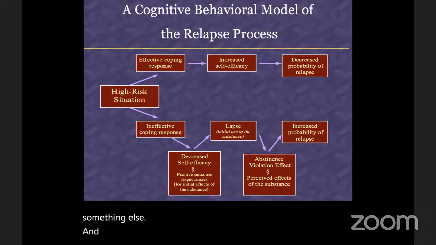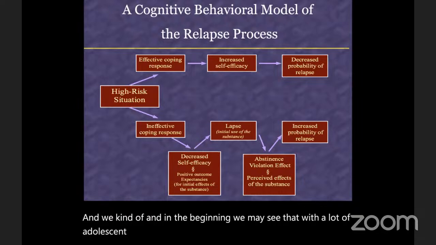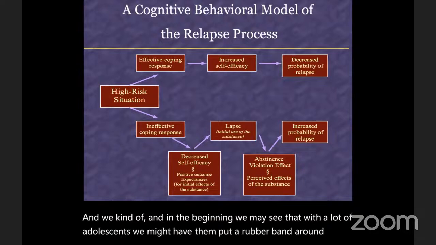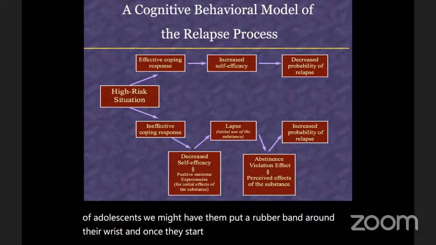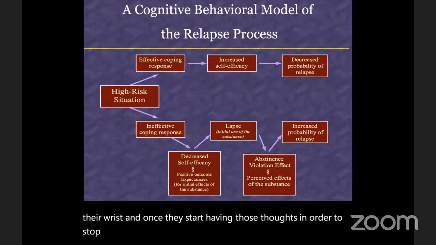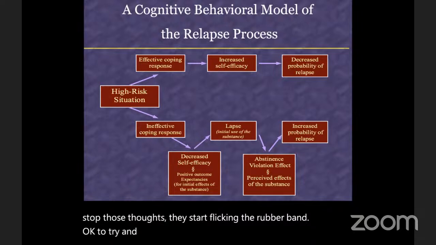In the beginning, we may see that with a lot of adolescents. We might have them put a rubber band around their wrist, and once they start having those thoughts, they start flicking the rubber band to try and get their mind off of that thought.